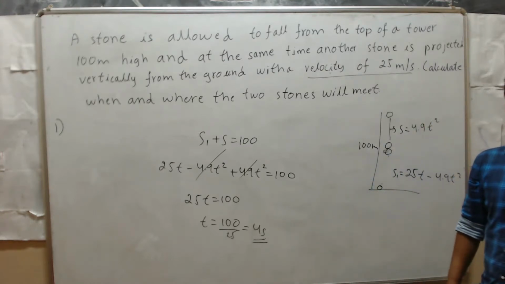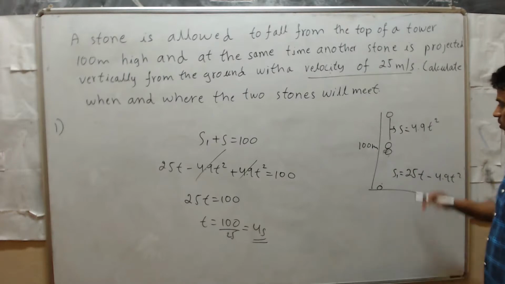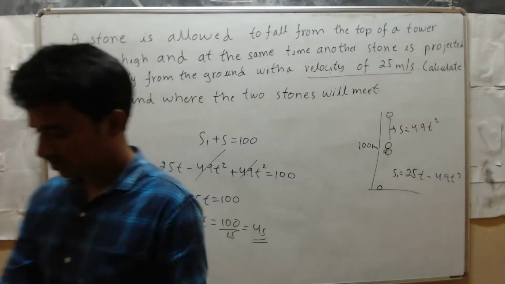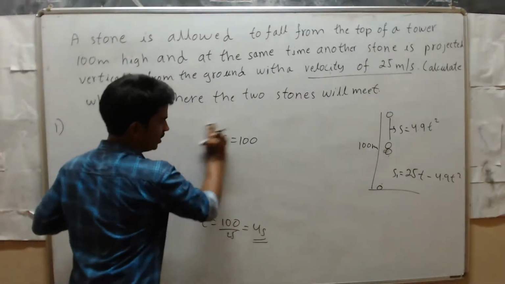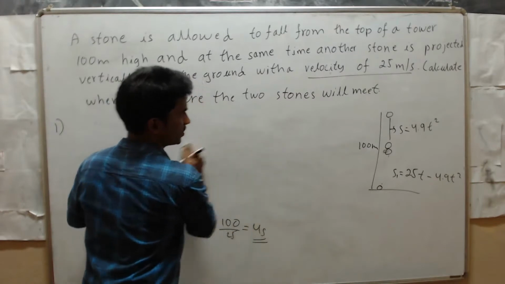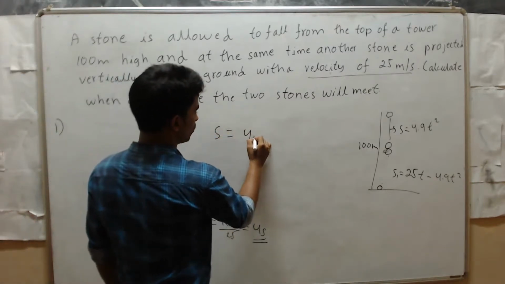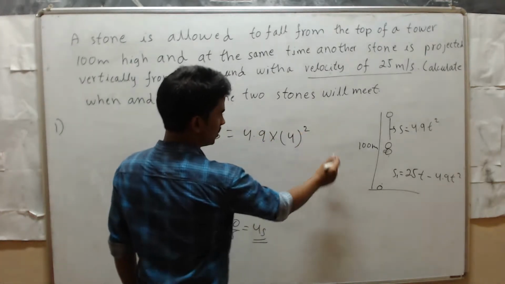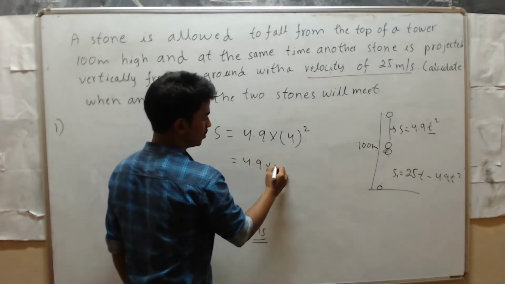So now when and where we should calculate that one, right? Here we got t equal to 4 seconds. Now you can substitute that here or here. Better I will substitute here. So s is equal to 4.9 into 4 square, that is 4.9 into 16.